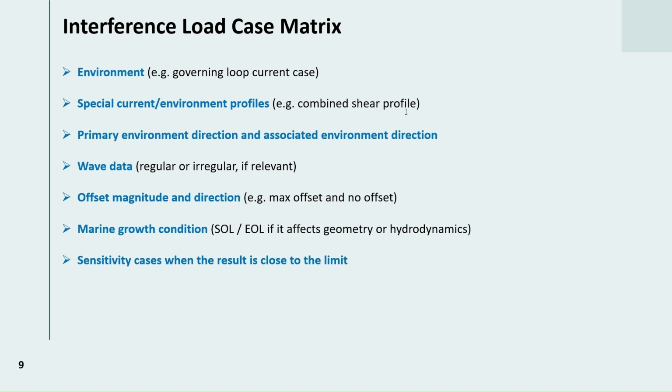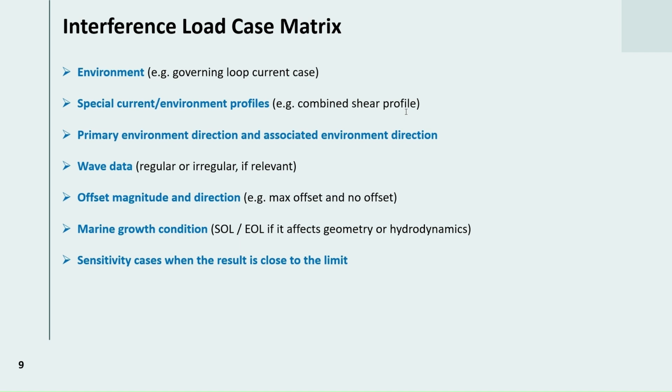The interference load case matrix should include all the variables that can significantly affect relative movement, clearance, and clashing risk. This typically includes the governing environment, any special current or environmental profiles, the primary and associated environment directions, wave data if relevant, vessel offset magnitude and direction, marine growth condition, and any sensitivity cases when the result is close to the acceptance limit.